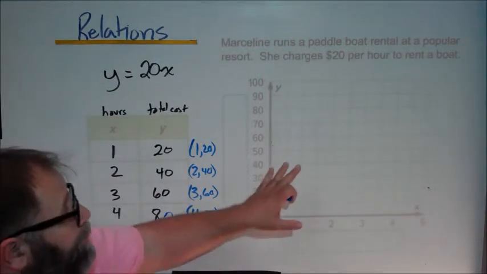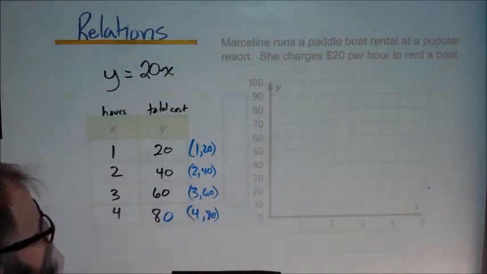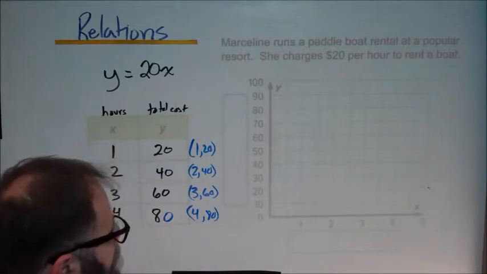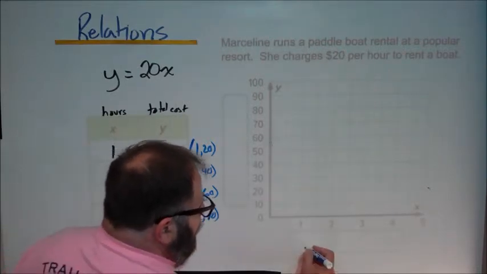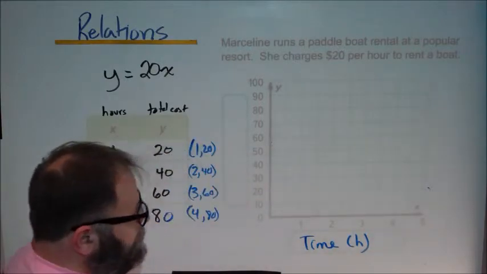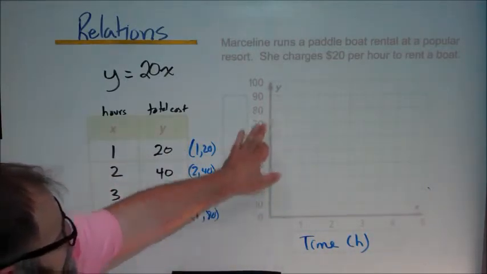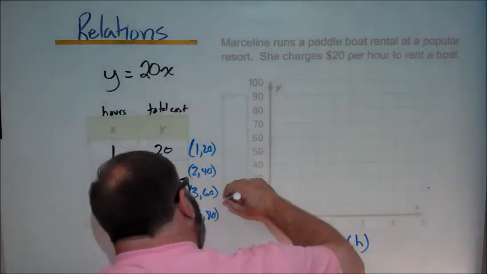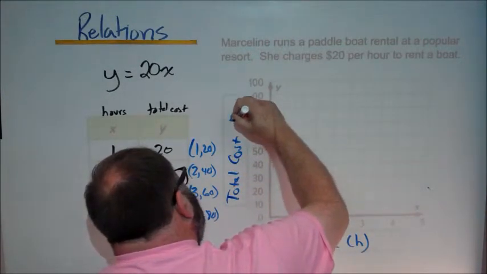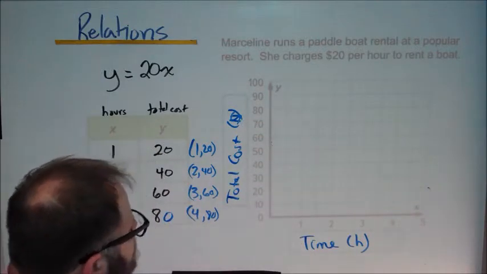Let's take that relation and graph it. Oh, there's no labels. Our graph should always have labels so that if anybody picks it up, they know what it is. 1, 2, 3, 4, 5. That should be our time, and that's in hours. And then here must be our total cost, and that's in dollars.